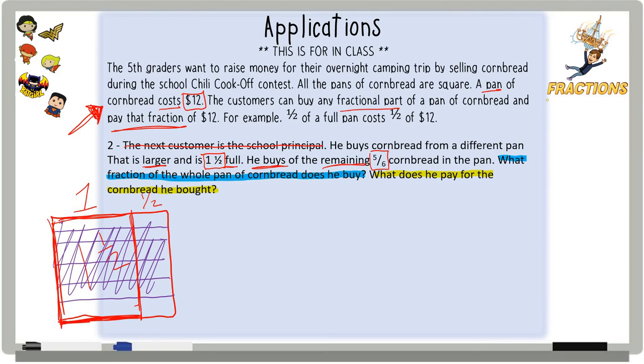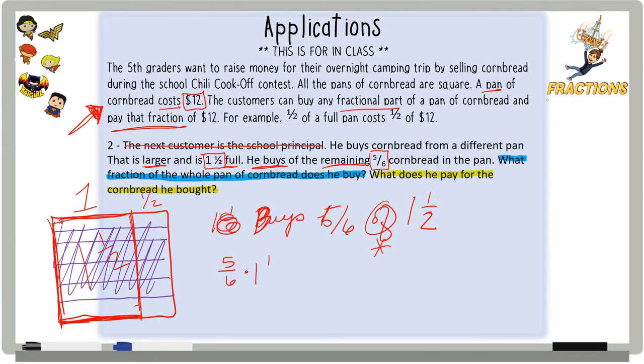Okay, so again, he has 1 1/2 of a pan, and he buys 5/6 of that 1 1/2. So let's just go ahead and do the math. Okay, so we have 5/6 times 1 1/2.